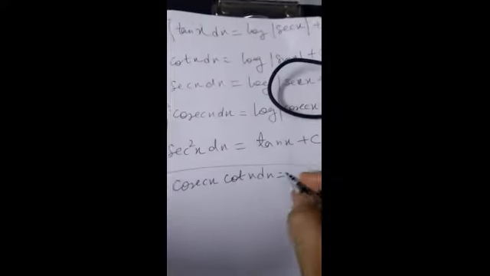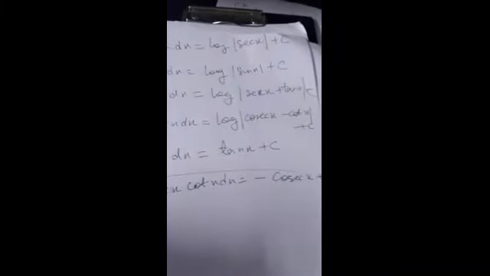So can any one of you tell me what will be the value of integration of cosecant x cot x? Yes, minus cosecant x plus c. So these are the few formulas which you have to keep it in your mind and you have to learn.